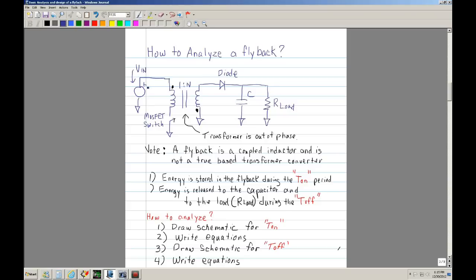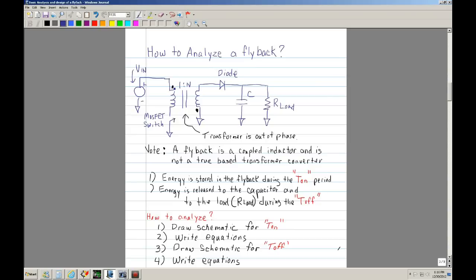Let me put the plus and minus here, and we're going to have a transformer. The primary will say has 1 turn, and we'll say the secondary has n turns.